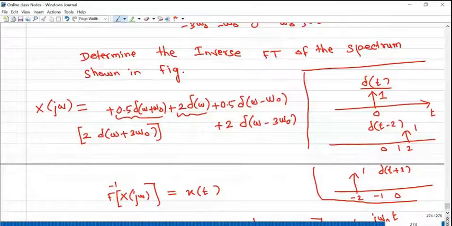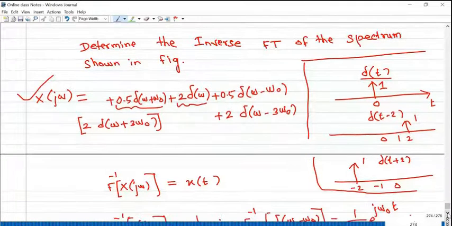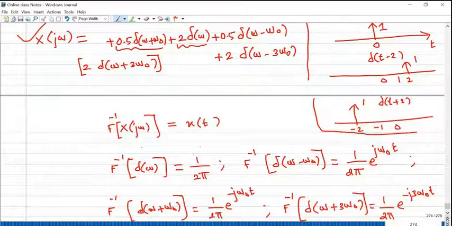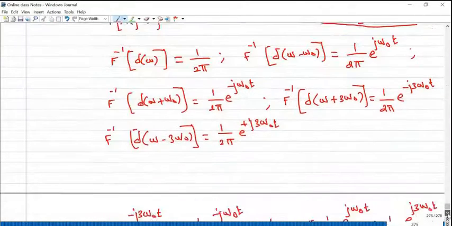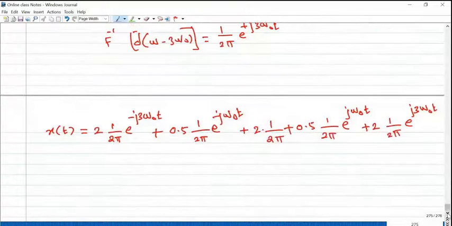The x of j omega is given. If you find the inverse Fourier transform of this x of j omega, that is equal to the inverse Fourier transform of each individual component and then add them together. That's what we are doing now. So first we have written the inverse Fourier transform of each and every component. Now write in the expressions. Okay. So this is your final answer.